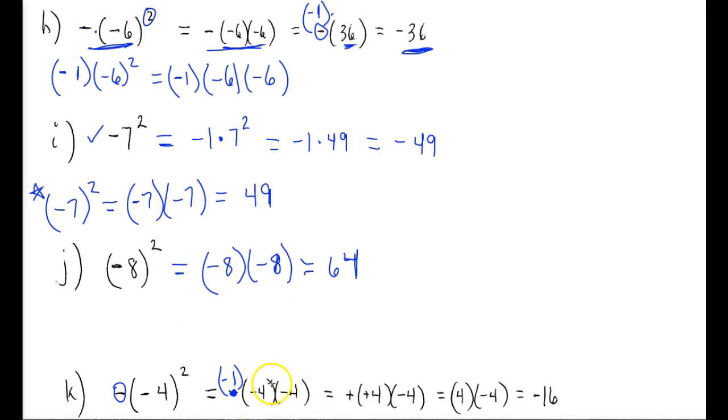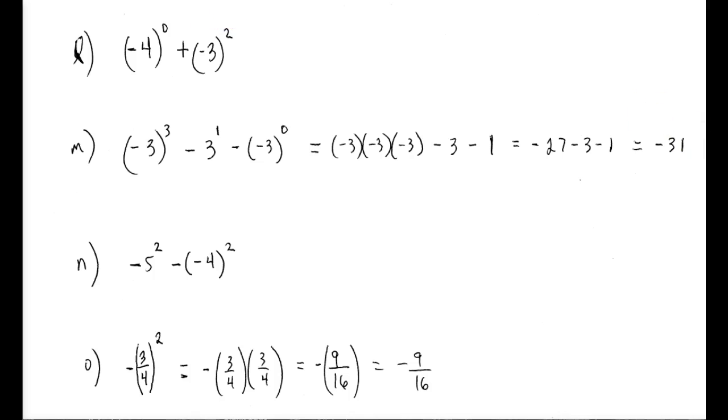Then we just have a bunch of multiplication. When we translate it, -4 quantity squared is just -4 being multiplied times itself twice. A negative times a negative is a positive, and then a positive times a negative is a negative. And so that's how we get -16 as our answer there.